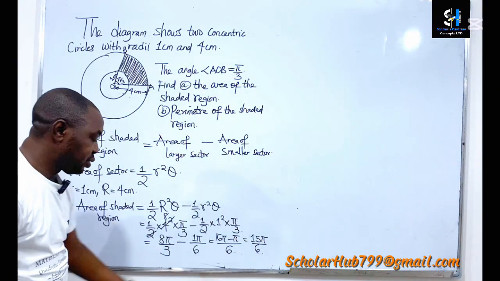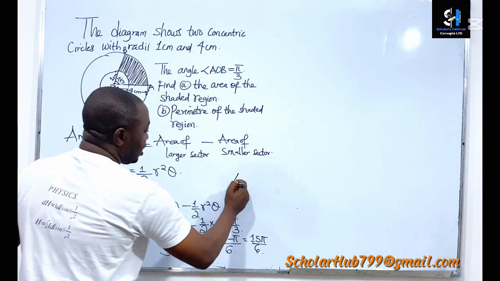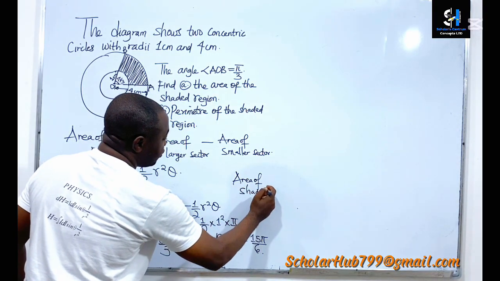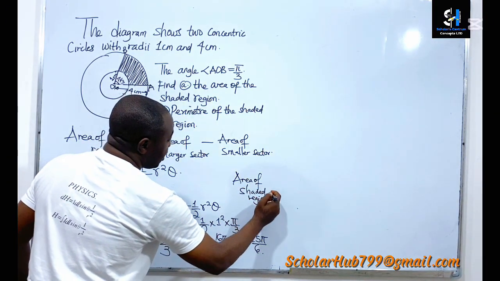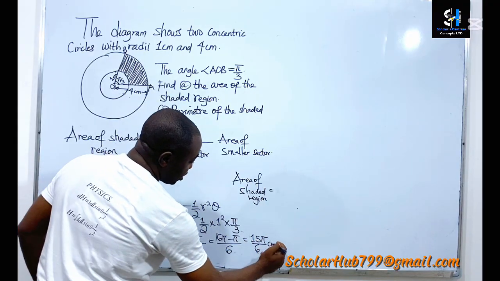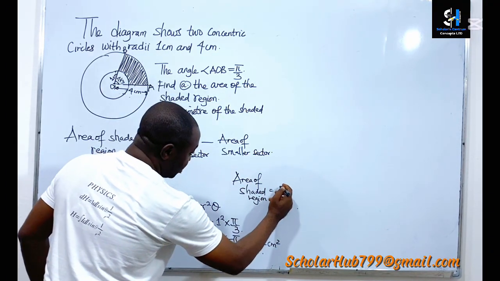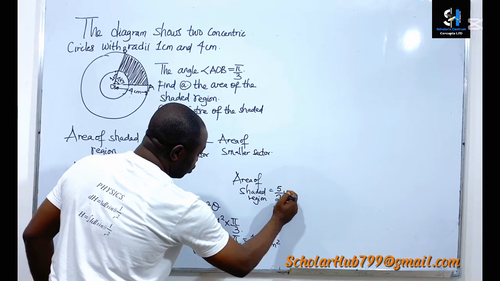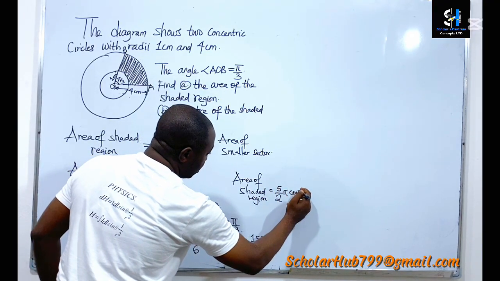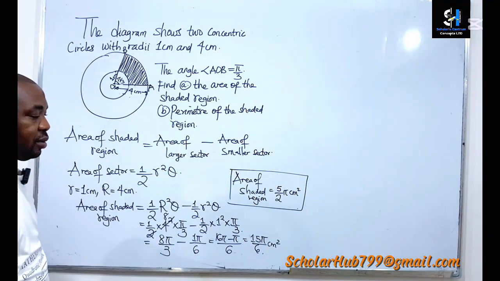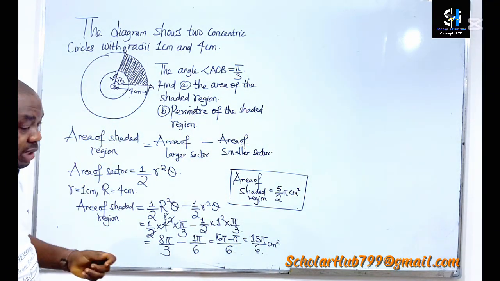Now we can also reduce this, so that the area of the shaded region, which is what we have here as 15 pi over 6, can now be 5 over 2 pi centimeters squared. So that's the area. Now we can change it to decimals.